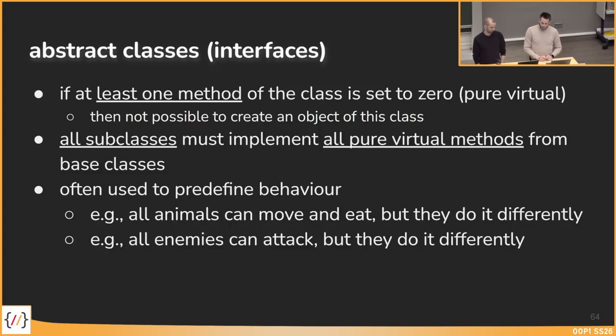And how do we use it? As we have seen in the examples, we use it for common behavior, for example, eat for the animals or attacking for the enemies. And as you said before, interfaces is the name for it in Java. Yes, so this is a concept which is used in many object-oriented programming languages. So this is pretty common.